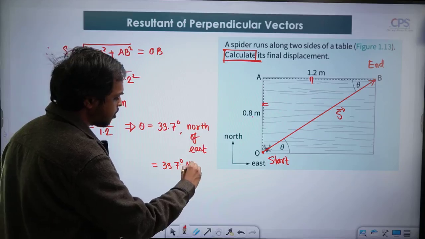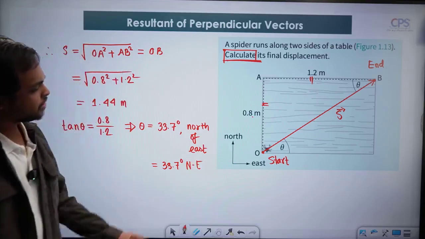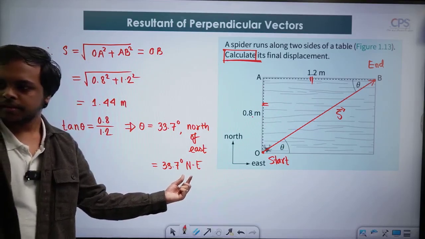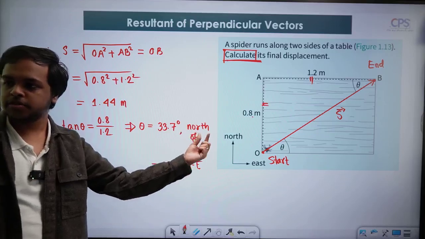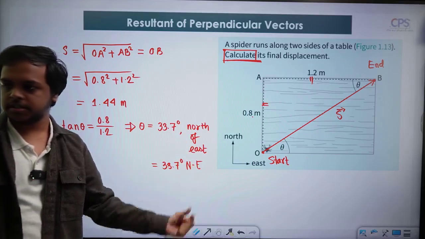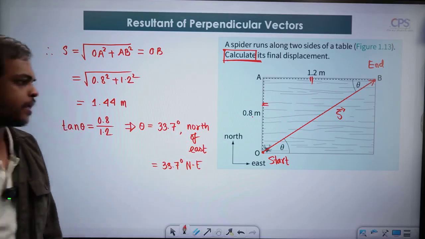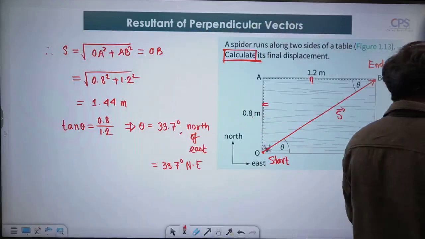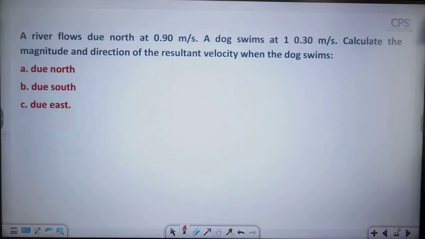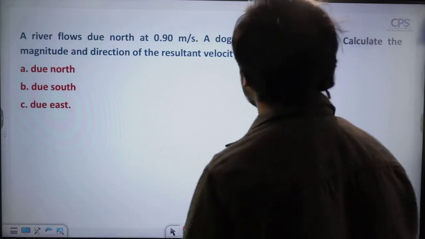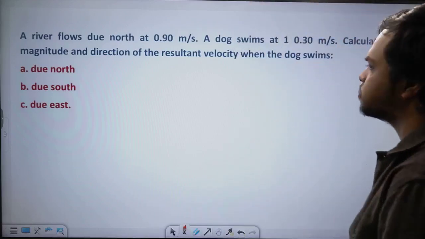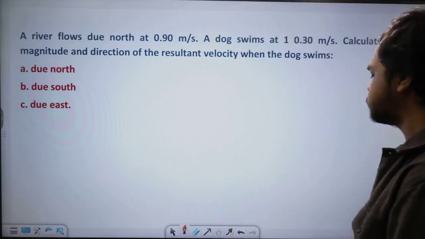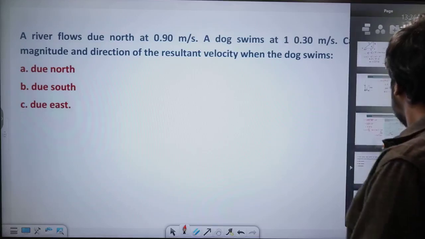This is northeast, the northeast abbreviates to north of east. Okay, northeast. That's it. So it's done. Another math is done. Okay. Very good question this is.